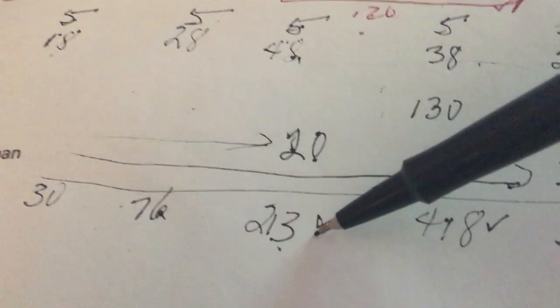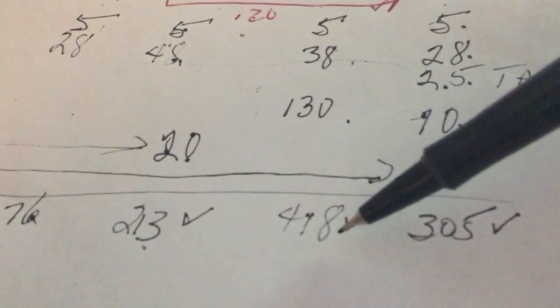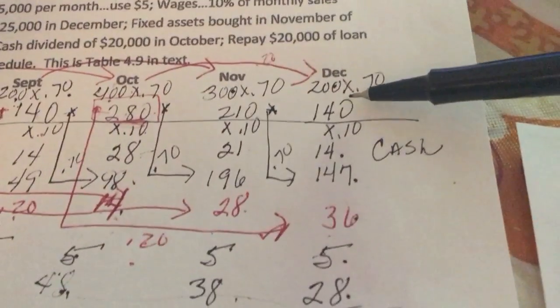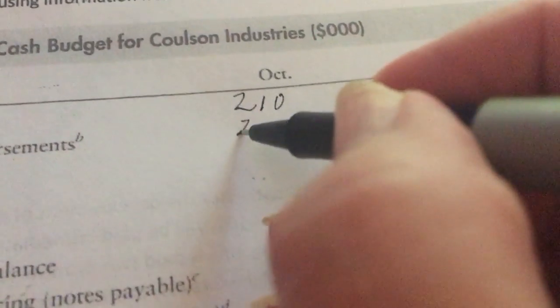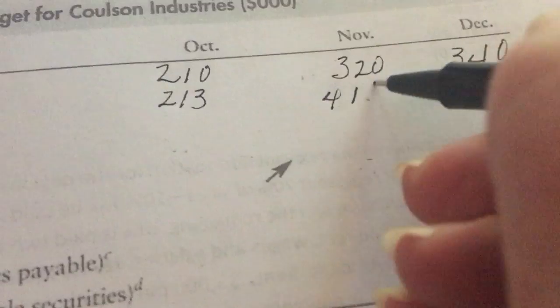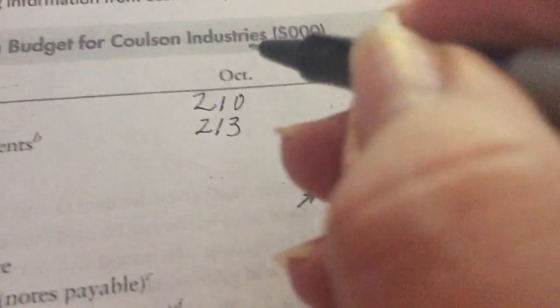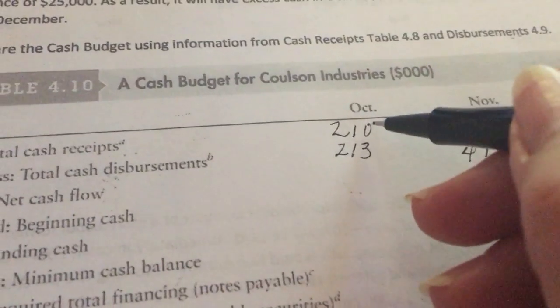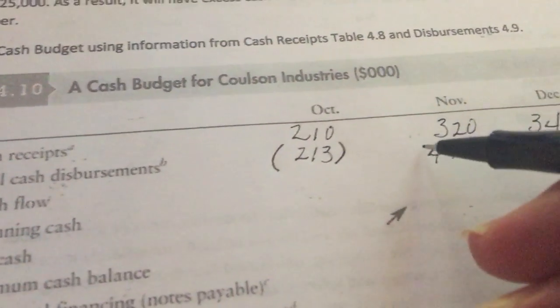Go all the way down, 213, then come on down to November, 418, and December was 305. So carry those numbers over. So you want 213, 418, and 305. Now the first number was what we intend to bring in cash. The second number is what we intend to pay out.